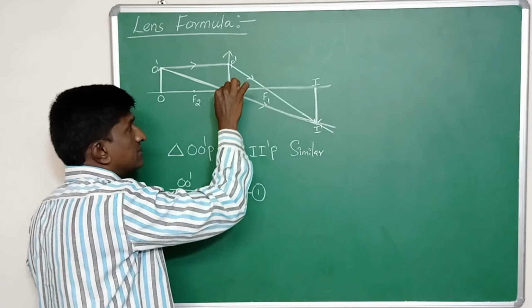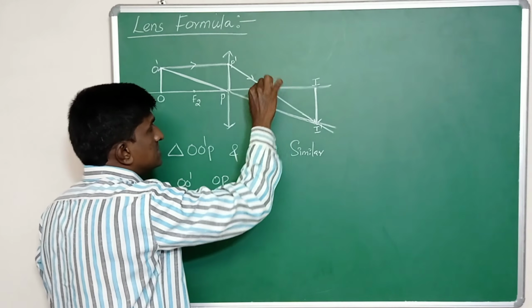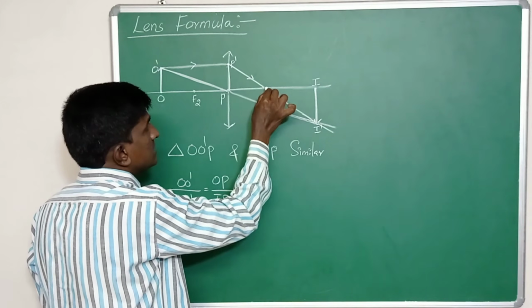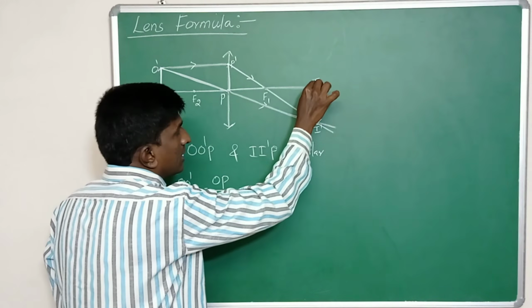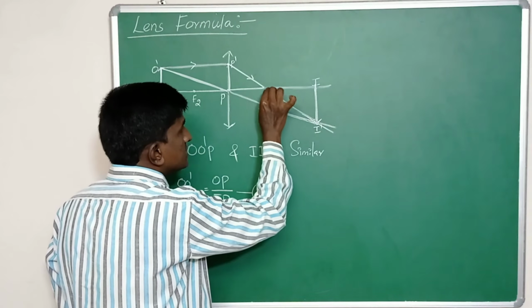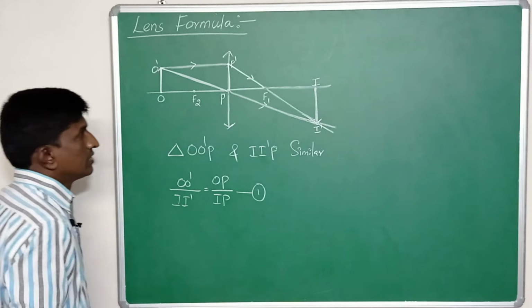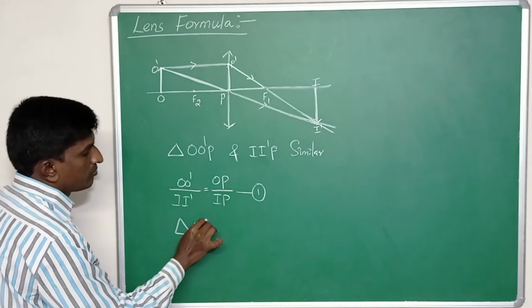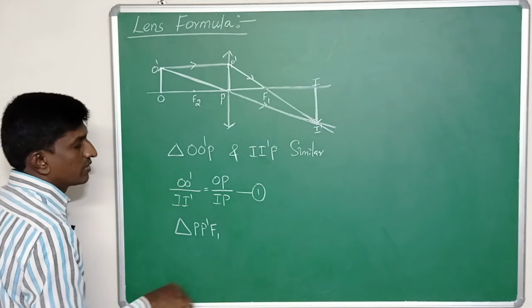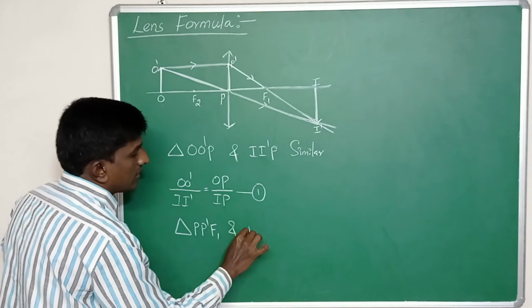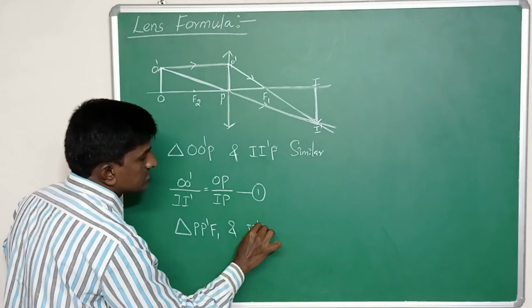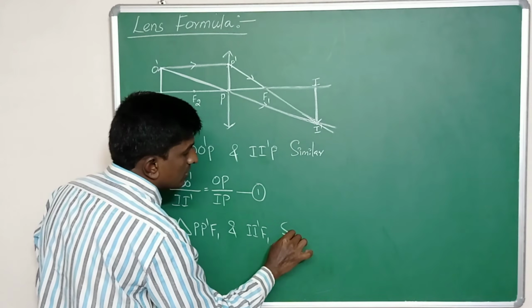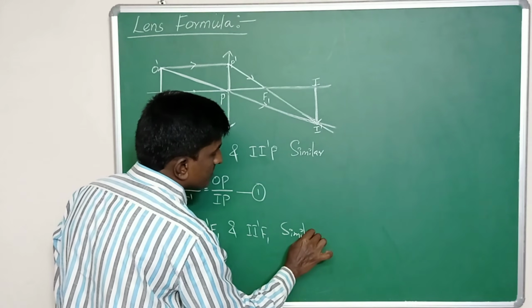Next, one more pair of similar triangles. Let's observe: P dash PF1 and I dash IF1 are also similar triangles.